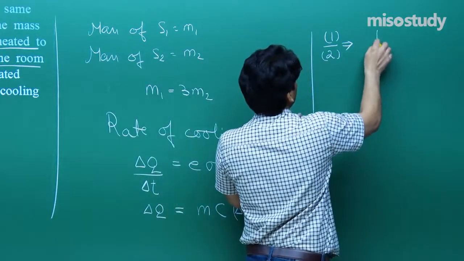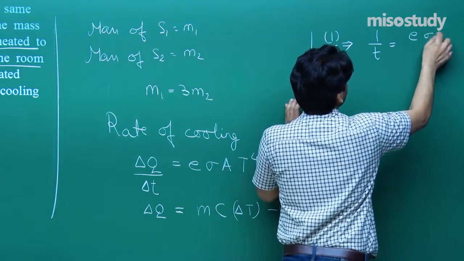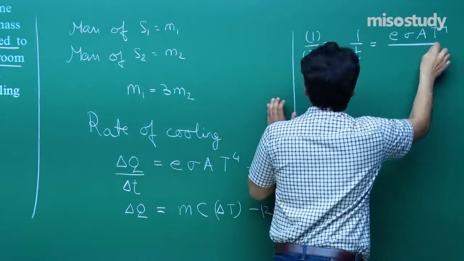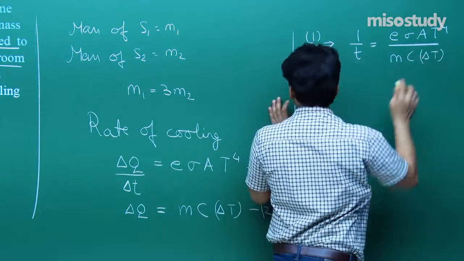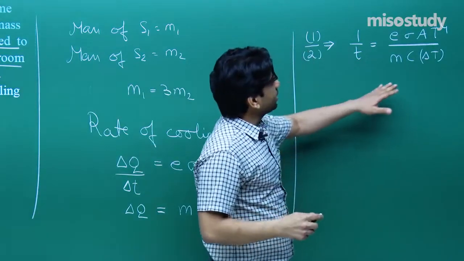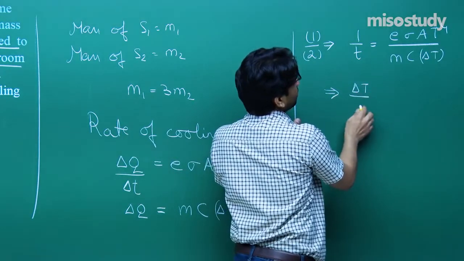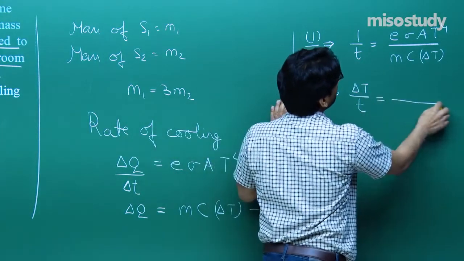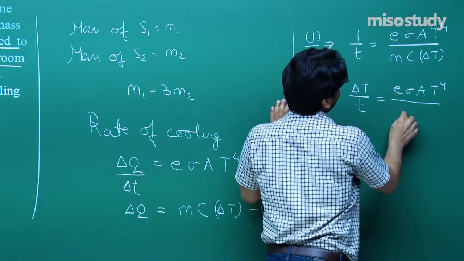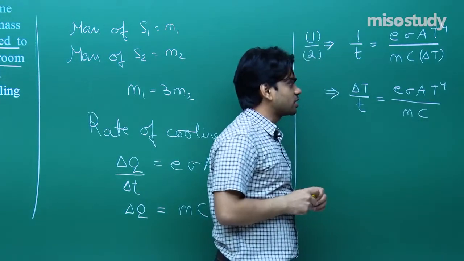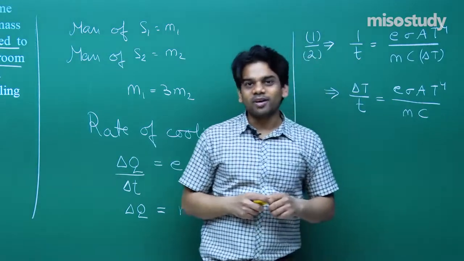Delta Q by delta Q will be cancelled and we will get 1 by t is equal to E sigma A T to the power 4 divided by M C delta T. Now if I take this delta T here, we have delta T by t is equal to E sigma A T to the power 4 divided by M into C. First thing we obtain. This will give you the rate of cooling.